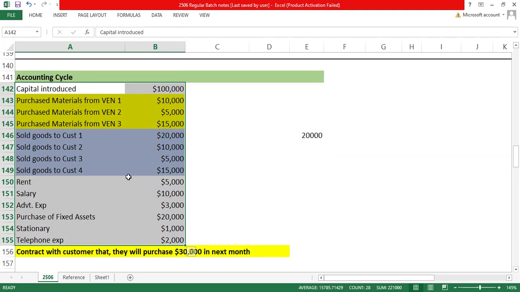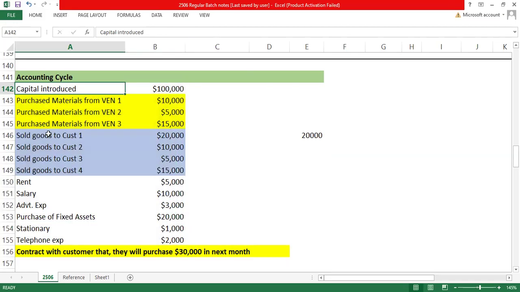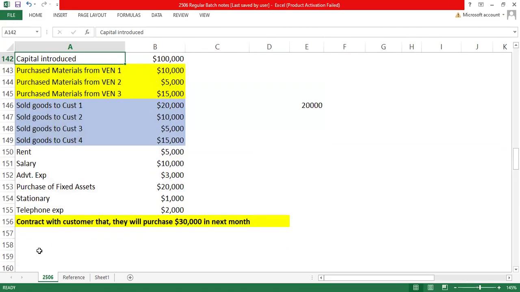If you go back to your basics of accounting, like I mentioned earlier, we need to summarize all this. First, you will create your ledger balances. You prepare the ledger balances first. Let's say how many accounts are impacted here. In this case, there is capital, one account.